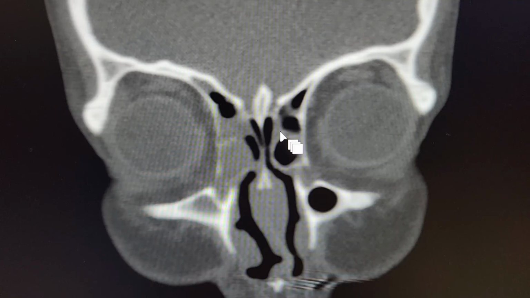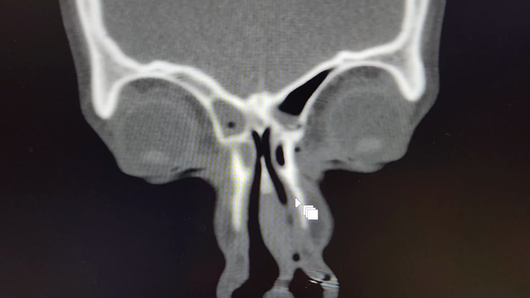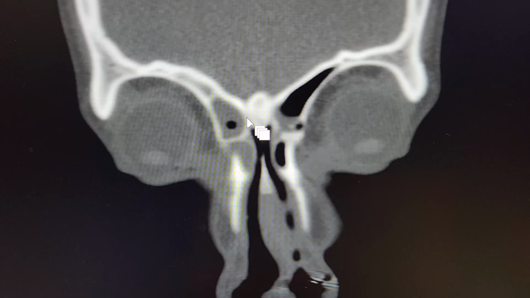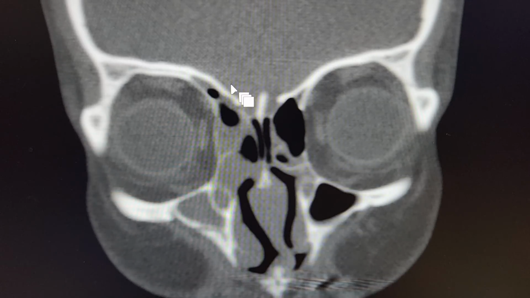Now, whenever you're going to learn the anatomy of the sinuses, you need to have a CT scan. 0.5 to 1 mm should be the ideal thickness, not more than that, because there are a few neurovascular structures that are so thin that if you order a 5 mm or a 3 mm scan, you can miss those vital neurovascular anatomy on the CT scan.